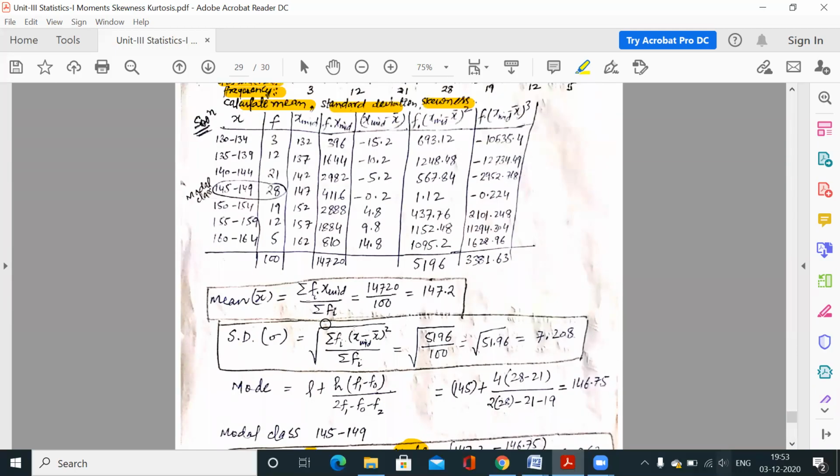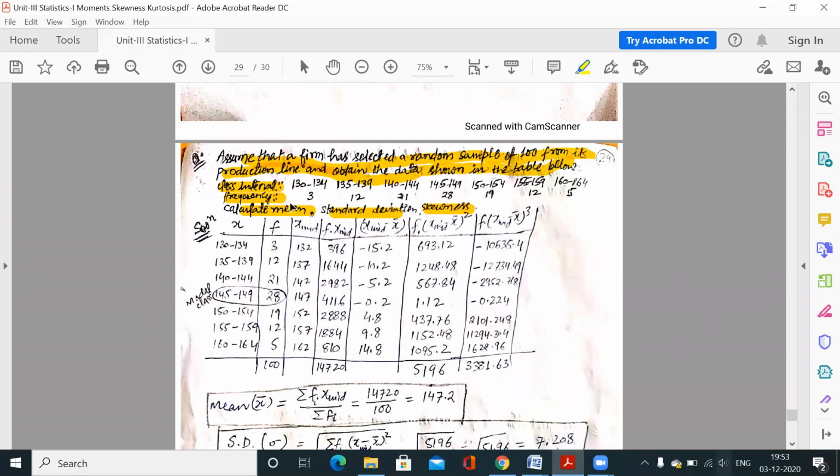Otherwise, if you calculate mean, standard deviation, and use a different formula for skewness, you need to calculate mu2 and mu4, so the calculation would be higher. To reduce the calculation, we use these values to calculate the skewness. Otherwise, the choice is yours. Either use the central moment formula or the mean, mode, median formula.